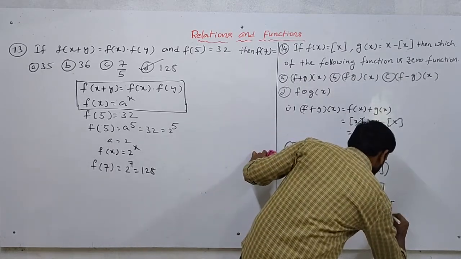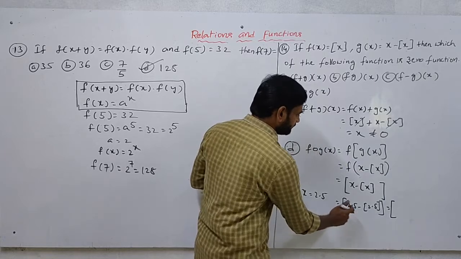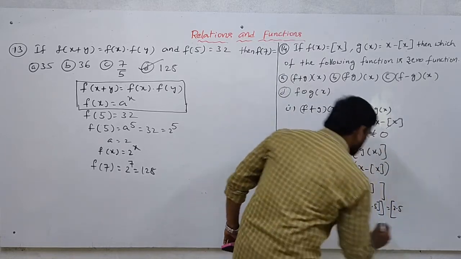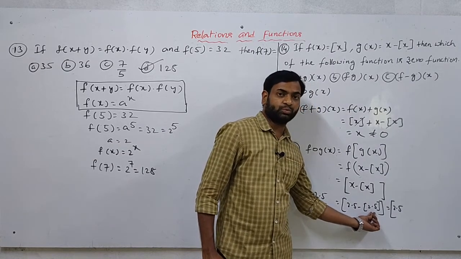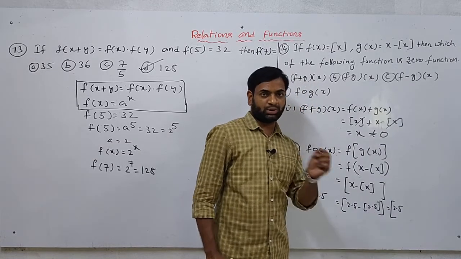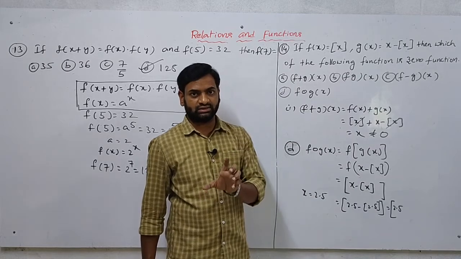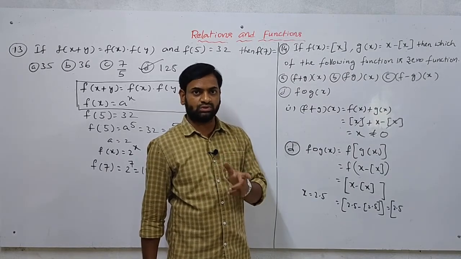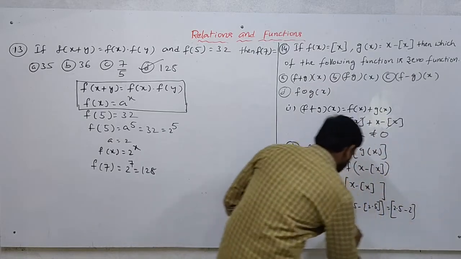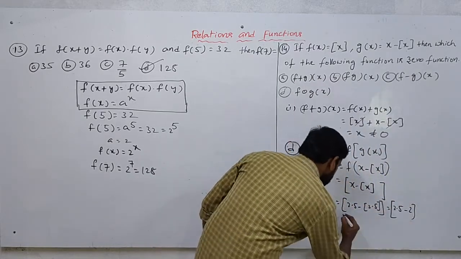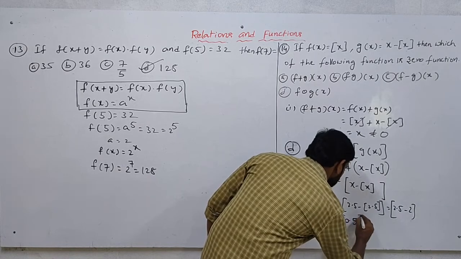That is step of 2.5. 2.5 is between 2 and 3. In 2 and 3 the least value is 2. So step of 2.5 is 2. So 2.5 minus 2 is step of 0.5.